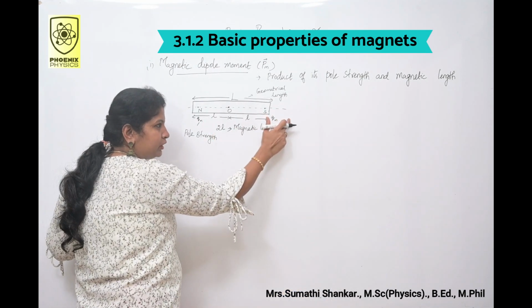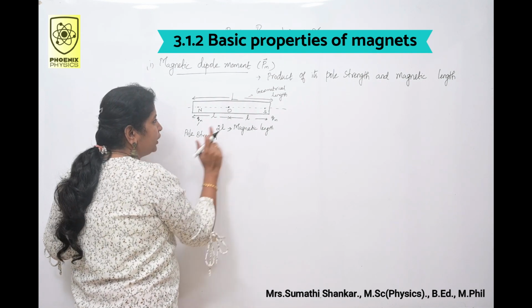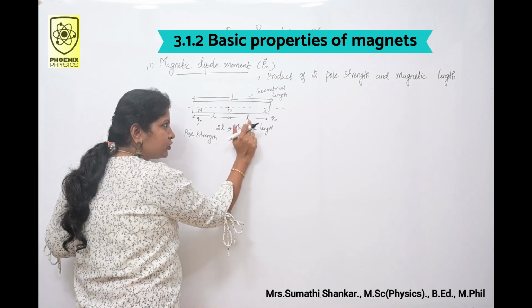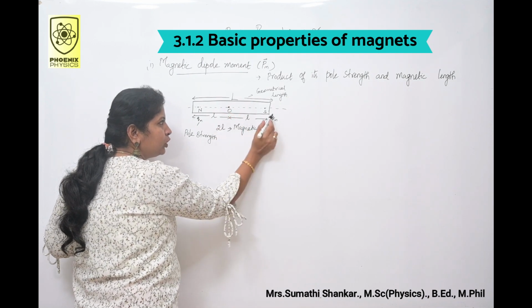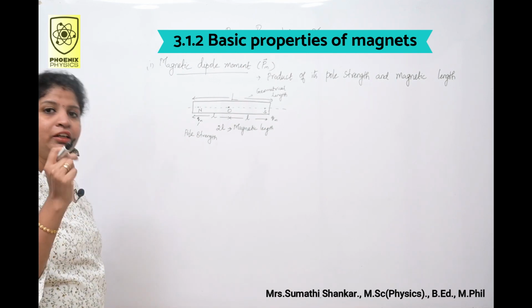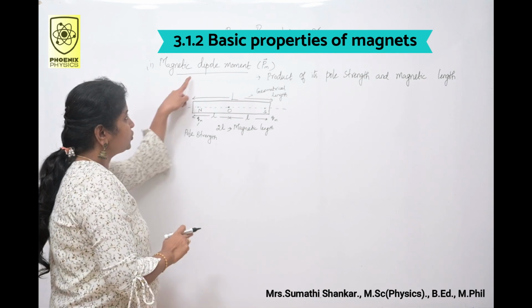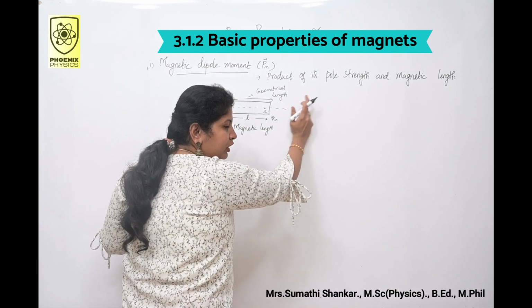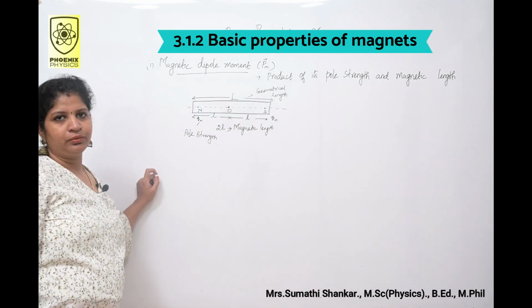Consider a bar magnet. Let Qm be the pole strength, L be the distance between geometrical center O and one end of the pole. Then how do you define magnetic dipole moment? Magnetic dipole moment is defined as product of its pole strength and magnetic length.